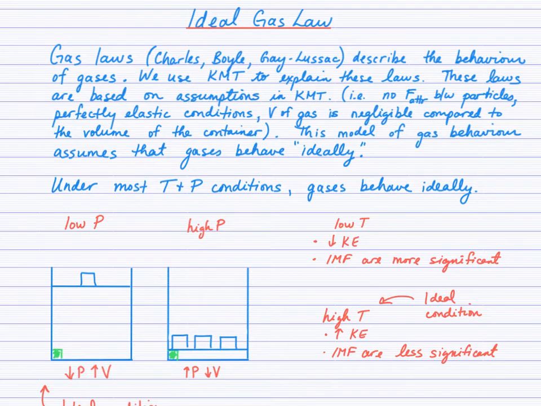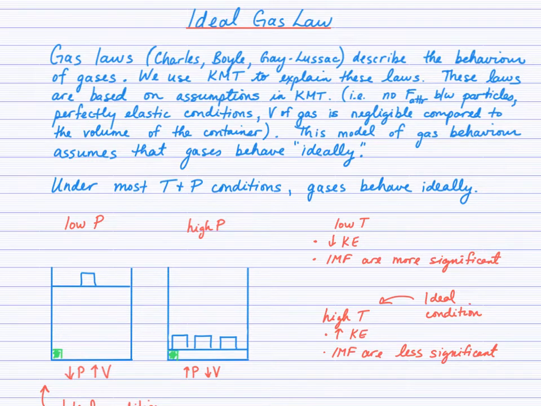We make assumptions in the kinetic molecular theory that there are no forces of attraction or repulsion between the particles, that the collisions are perfectly elastic, so no loss of kinetic energy, that the volume of the gas is really small and negligible, really, compared to the volume of the container.